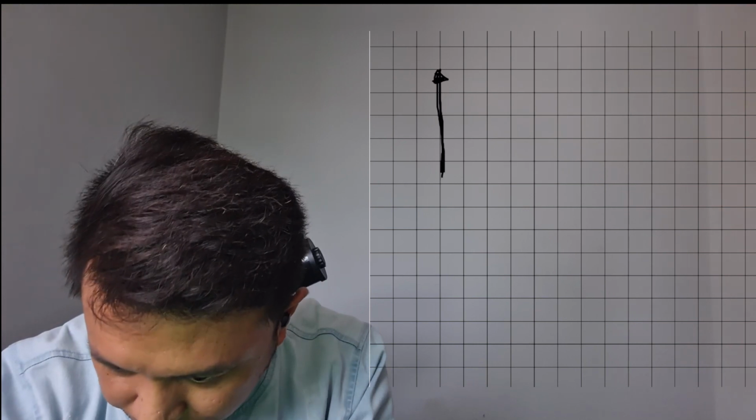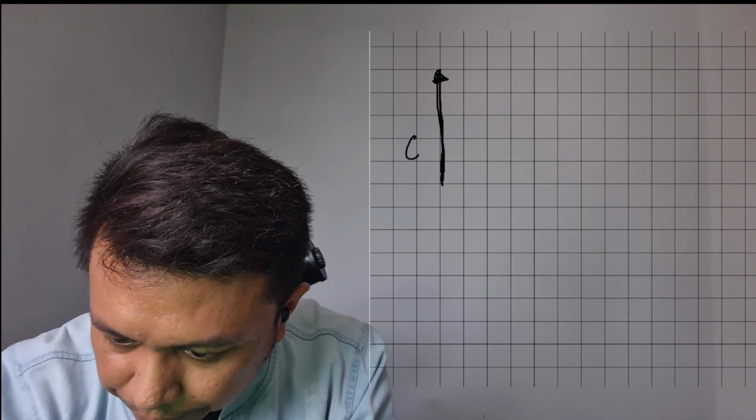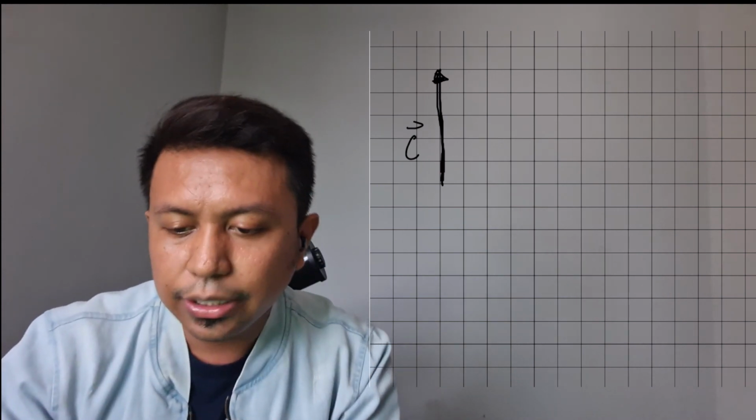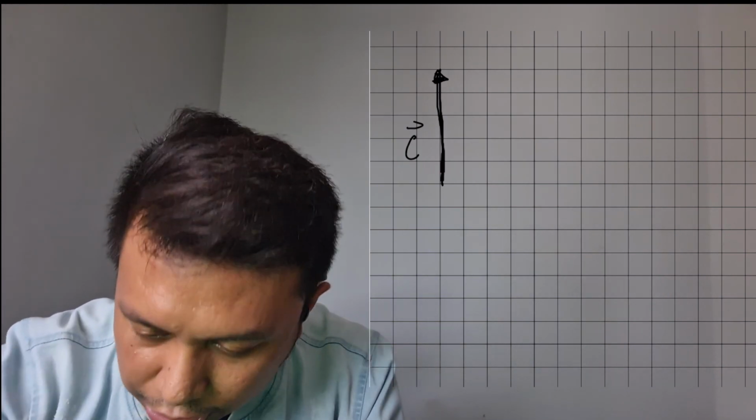I have here another example. For example, we have here a vector C that's going in this direction. This is vector C. And you want to add vector D, which is basically going in this direction.